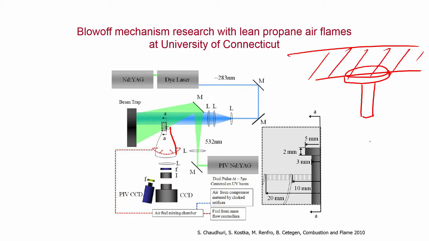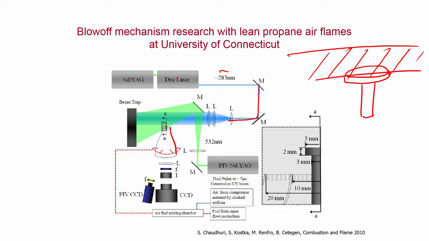So this Nd:YAG laser essentially pumps this dye laser, and the output of that passes to this doubling crystal to produce this 283 nanometer wavelength, and by reflecting it through mirrors and creating sheet optics like this, one basically gets this laser sheet. Okay, which forms this PLIF laser sheet.